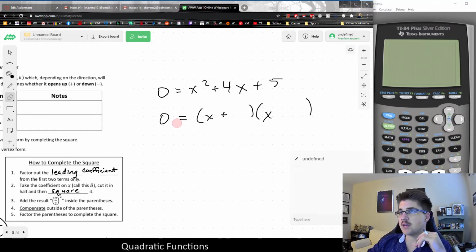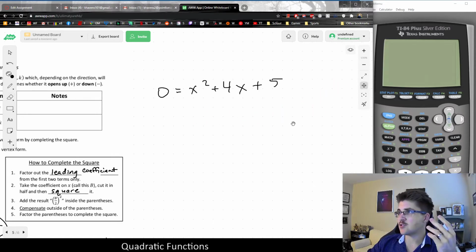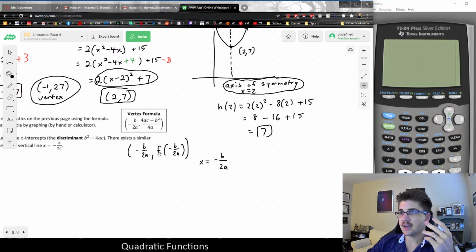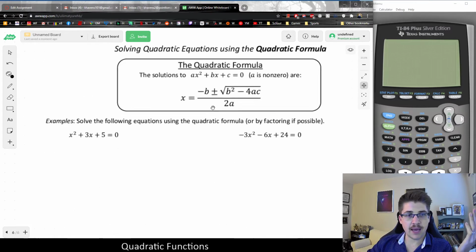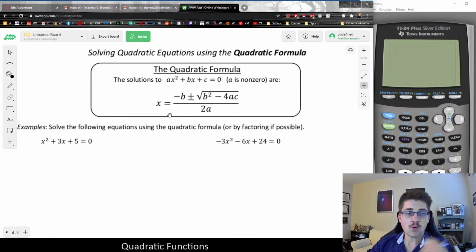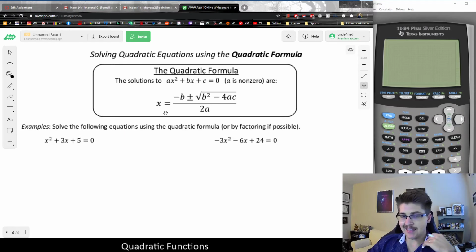Well, that's where we can rely on the quadratic formula. So much like the vertex formula exists to find the vertex of a quadratic, we can use the quadratic formula, which is on the last page of this packet, to find the x-intercepts. So this is just something to review.